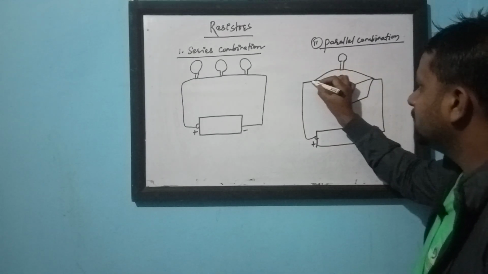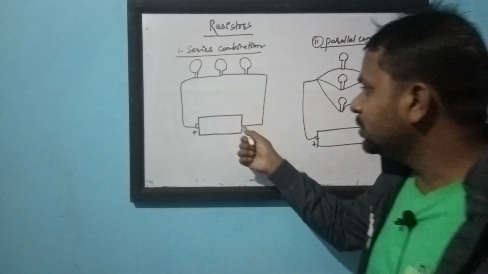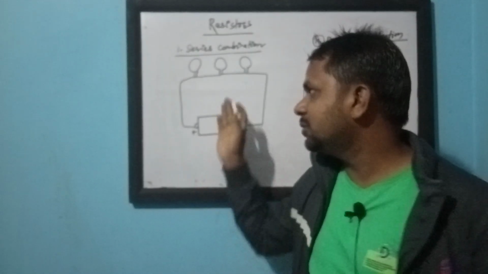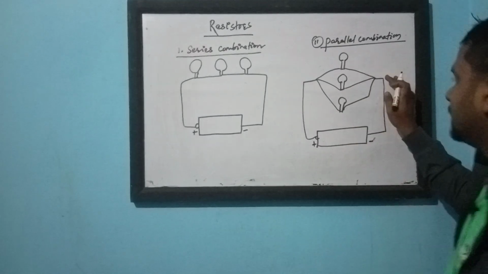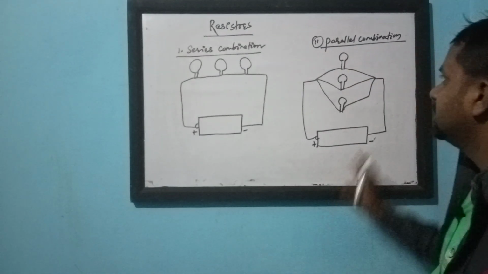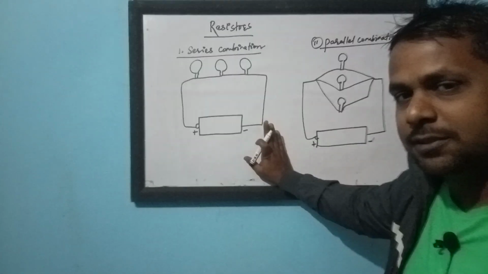The current is flowing through different paths, but here the flow of current is only one path only. It has no alternative path. But here the current flows in three paths. This is called parallel combination. This is called series combination.